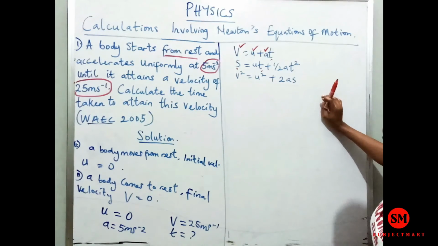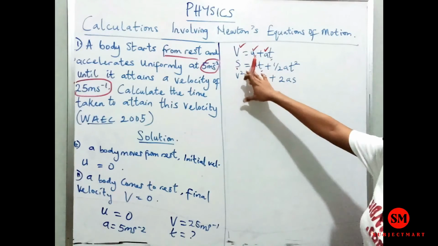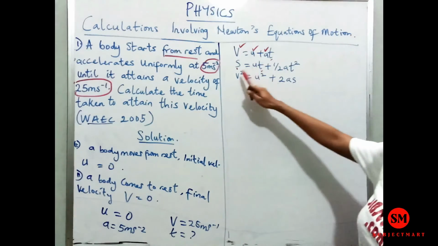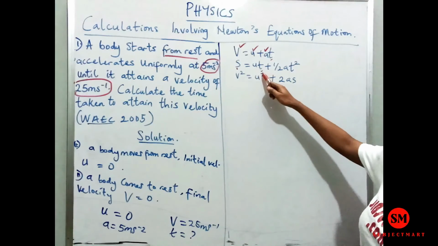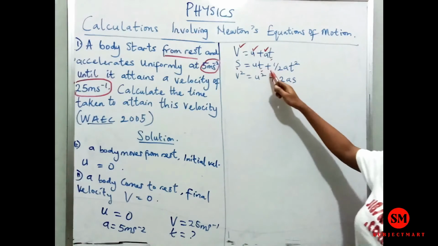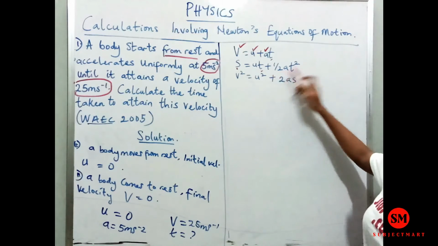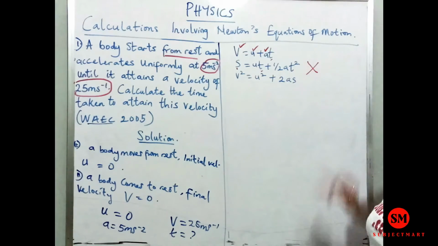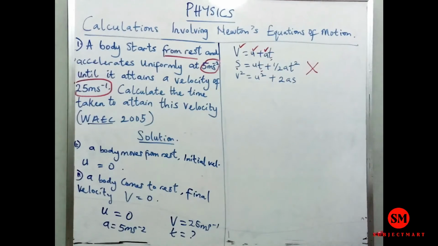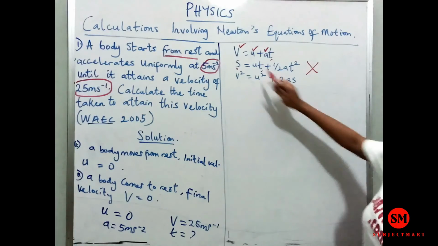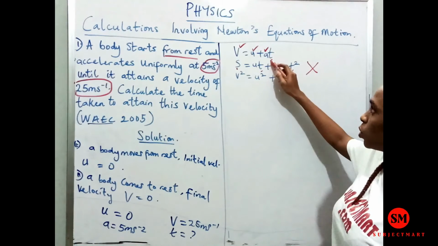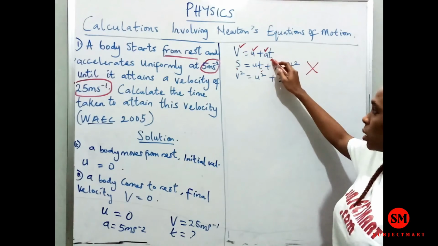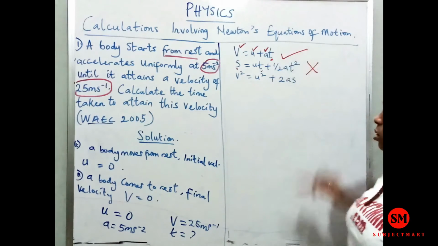So since for equation 2, we already have 2 unknowns, we can't use equation 2. Unlike equation 1, where we have just one parameter, which is the time taken, that is unknown. So I'll go with this.